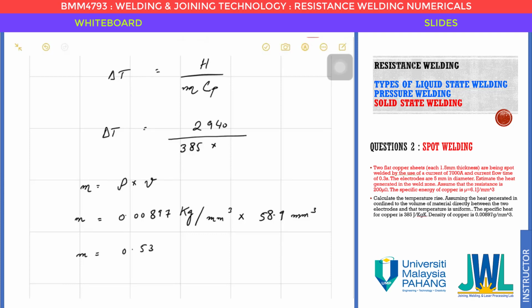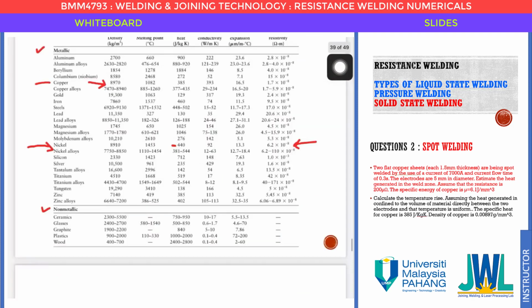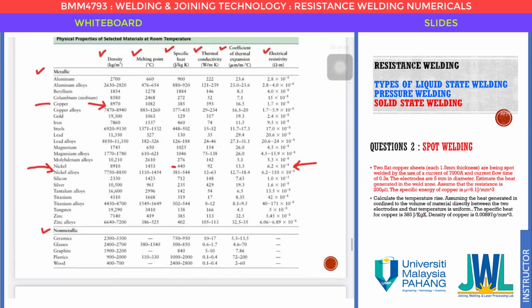So the mass comes out to be 0.53. Just a second. What is the formula for Cp? Cp is joules per kilogram Kelvin. For copper, it's 385 joules per kilogram Kelvin.